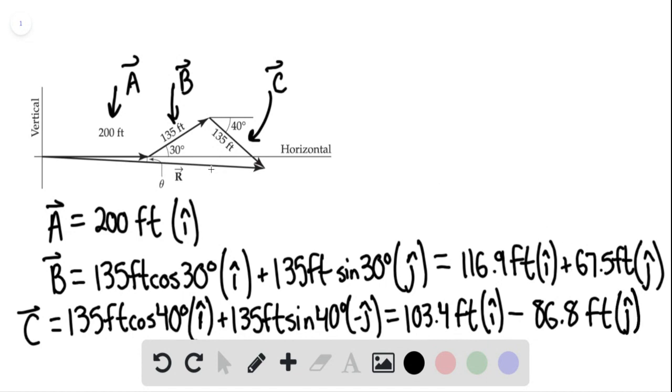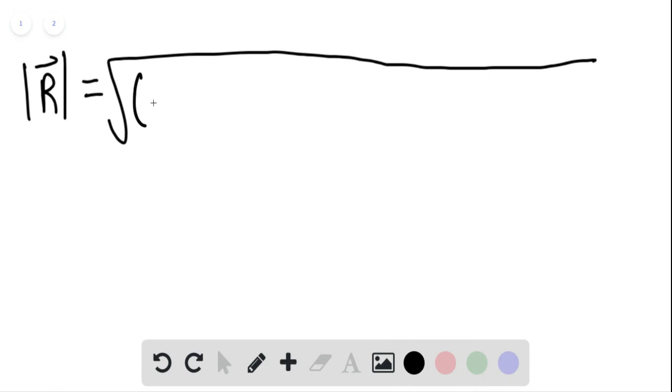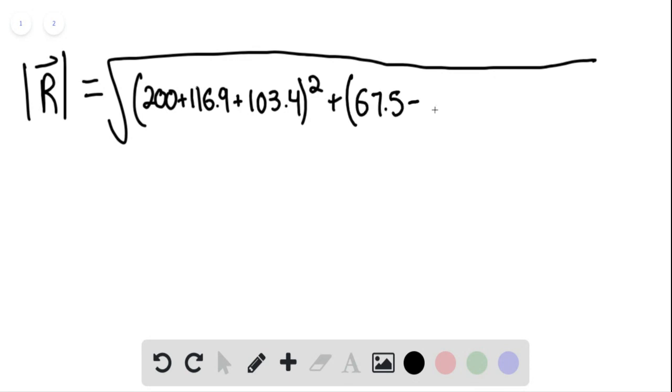So r would simply be equal to vector A plus vector B plus vector C. And so we can see that solving for r, the magnitude of r would be equal to the square root of 200 plus 116.9 plus 103.4 quantity squared, plus 67.5 minus 86.8 quantity squared.